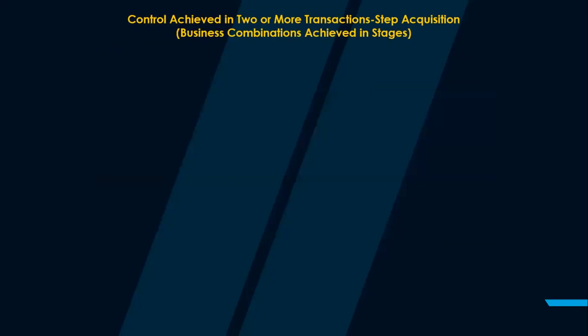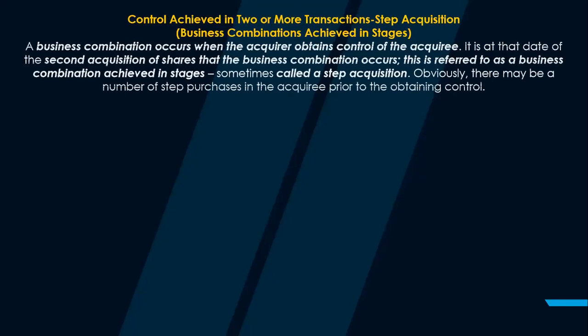Now, control achieved in two or more transactions, step acquisition, business combinations achieved in stages. A business combination occurs when the acquirer obtains control of the acquiree. It is at that date of the second acquisition of shares that the business combination occurs.